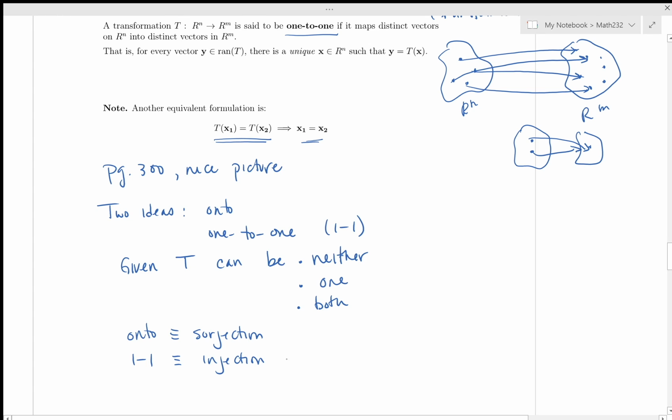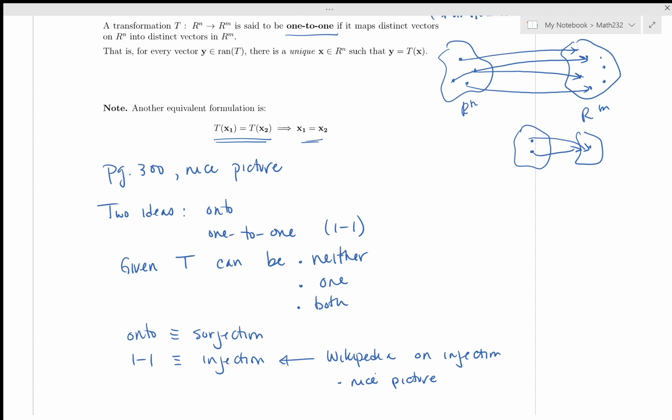If you look in Wikipedia at the definition of injection, there's a very nice picture that shows a function that is onto, a function that is one-to-one, a function that is one but not the other, and a function that is both. If you can reproduce that drawing yourself, then you will have the idea clear in your head: what does it mean to be onto, and what does it mean to be one-to-one?